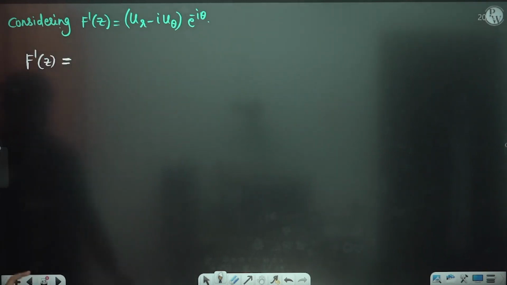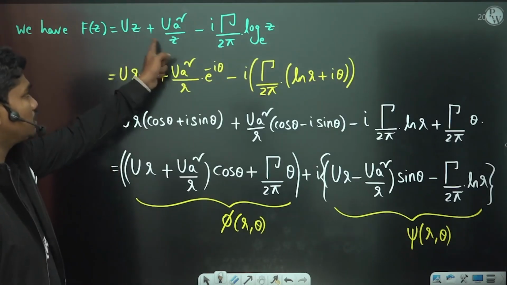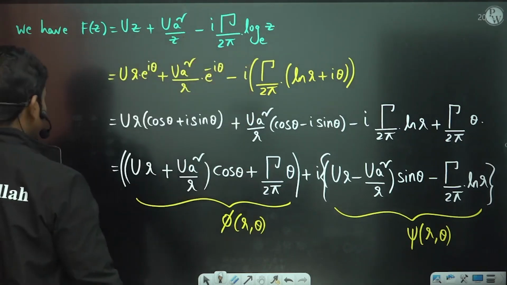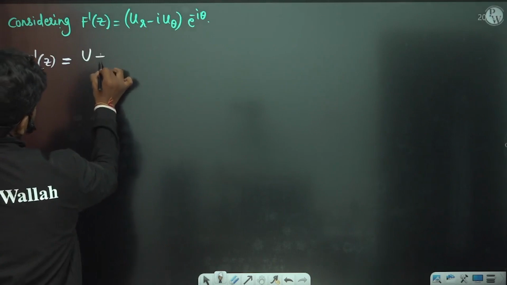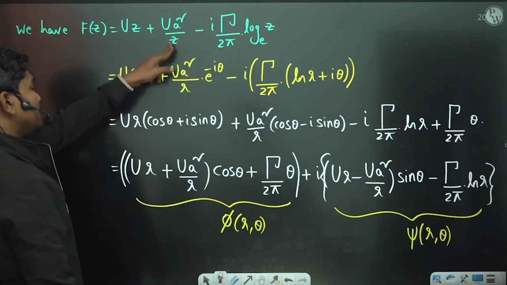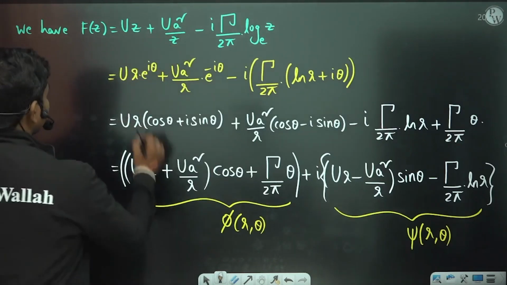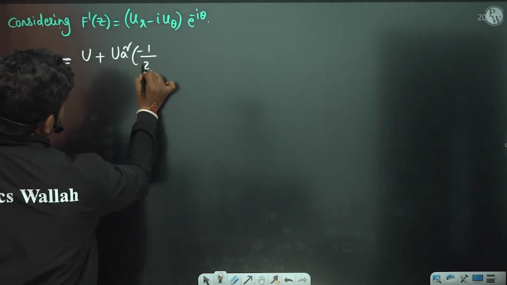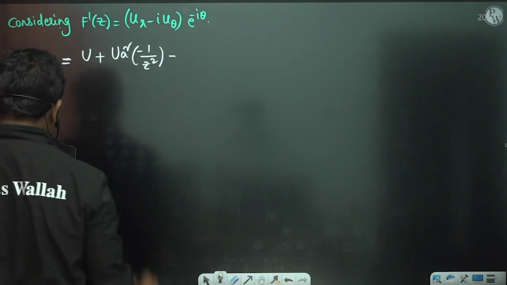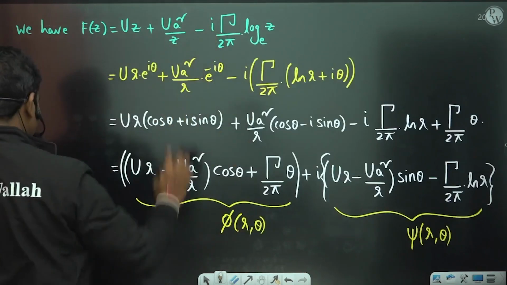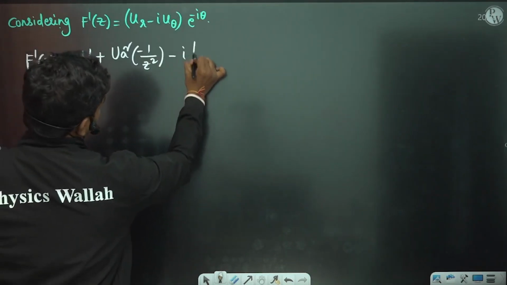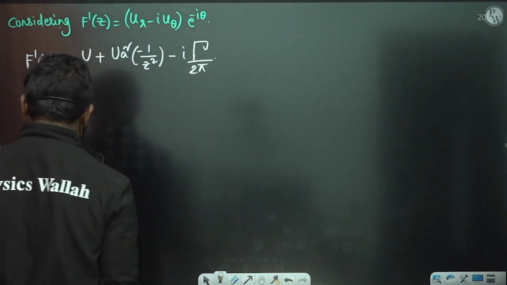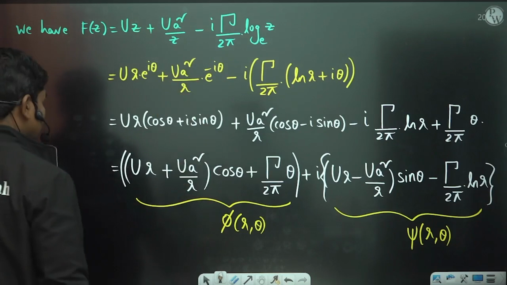If you differentiate u z plus u a square by z square, the derivative is u plus u a square into the derivative of 1 by z, which is minus 1 by z square, minus i times circulation by 2 pi, which is constant, into the derivative of log z, which is 1 by z.